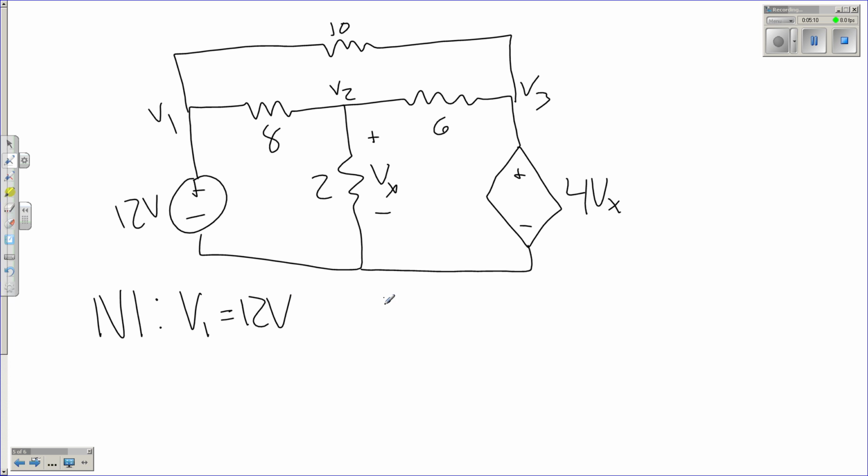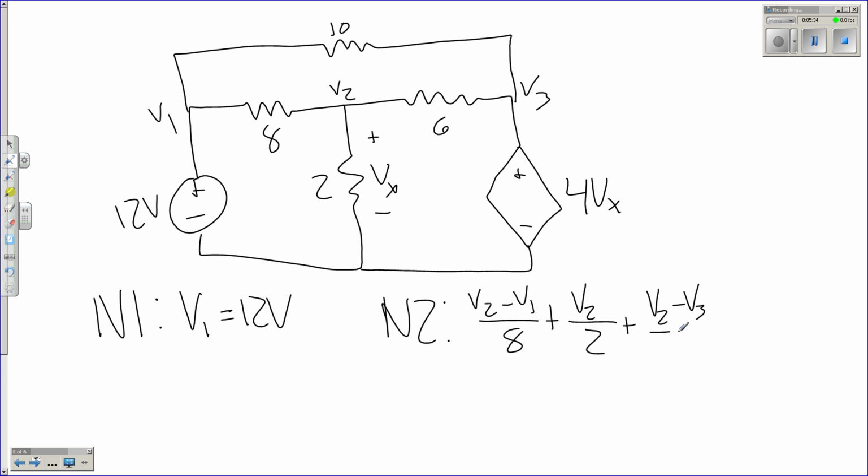V2, again, V2 minus V1 over 8 plus V2 over 2 for Vx, and V2 minus V3 over 6 equals 0. Now node 3, in this case, is even easier, right?